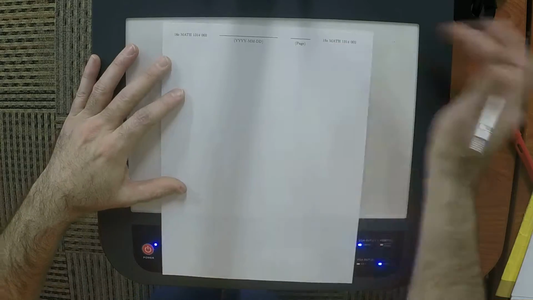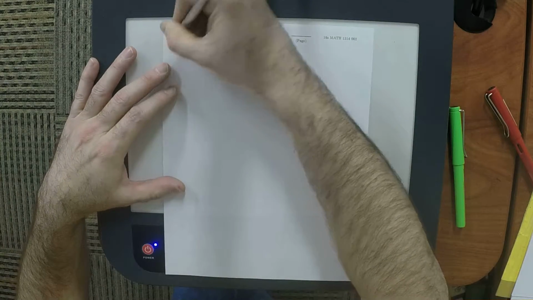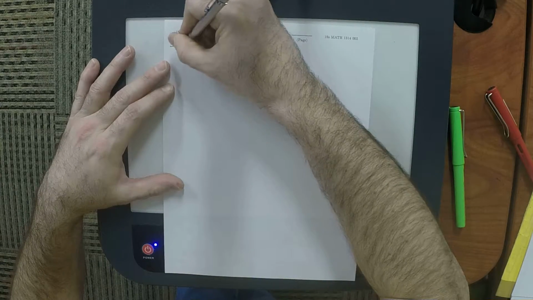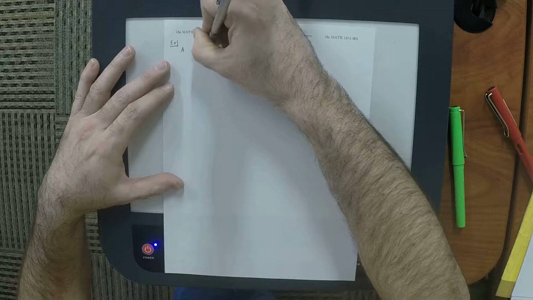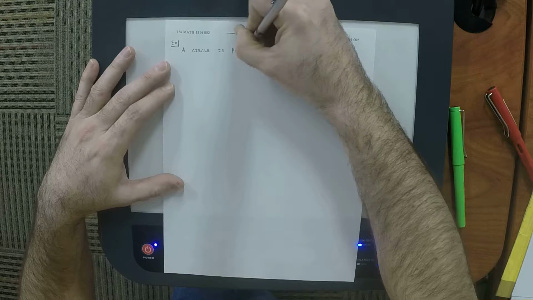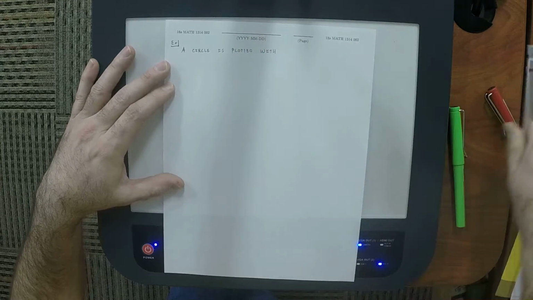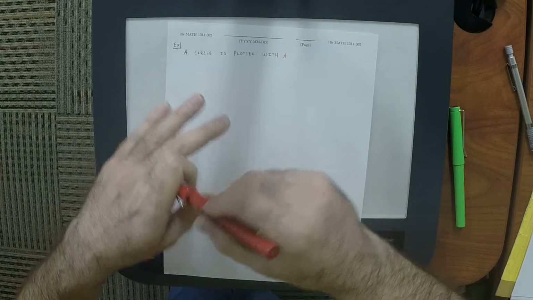Okay, so here's an exercise. A circle is plotted with a diameter.